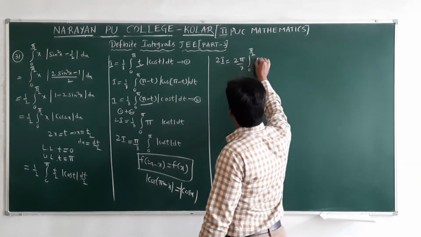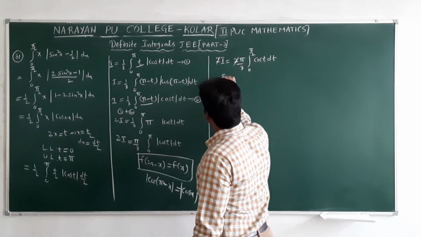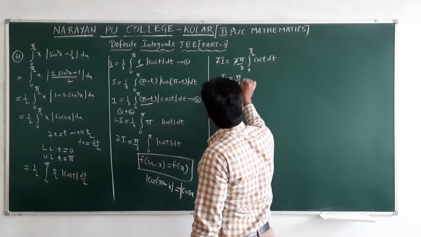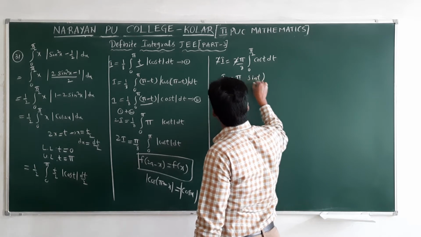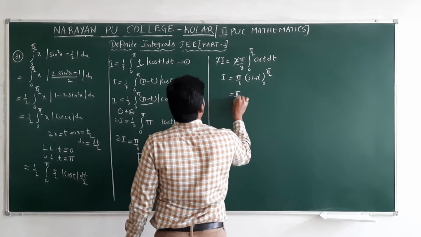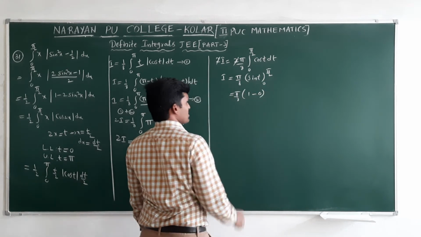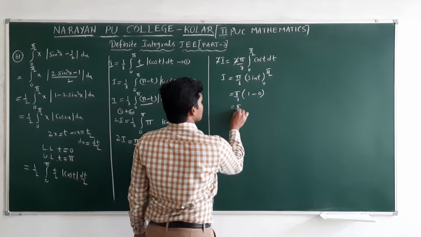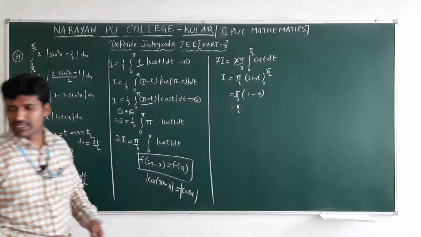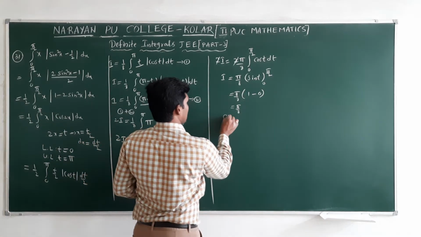We can remove the modulus, that is cos t dt. 2 cancels. I equal to pi by 8 integral of cos, which is sin t, from 0 to pi by 2. Pi by 8 into upper limit: sin pi by 2 is 1, sin 0 is 0. Finally the answer is pi by 8. It's a little bit lengthy, no shortcut for this. That is option C is the correct one.